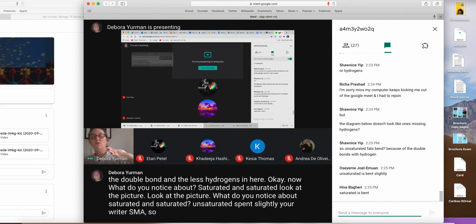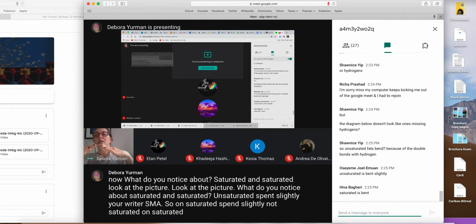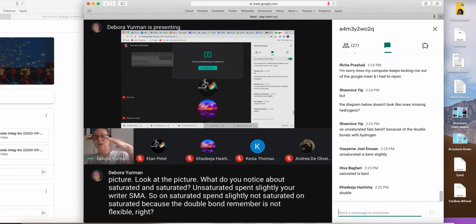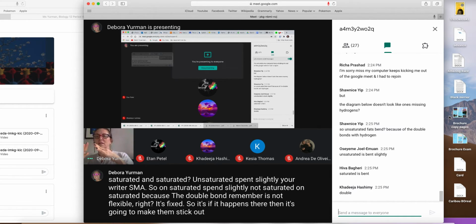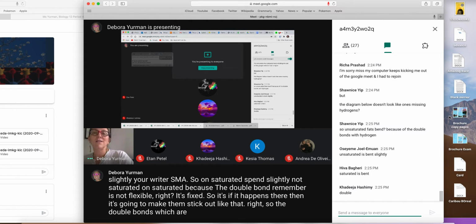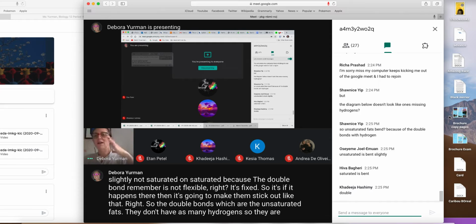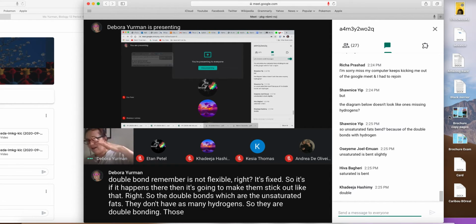So unsaturated is bent slightly, not saturated. Unsaturated because the double bond, remember, is not flexible, right? It's fixed. So if it happens there, then it's going to make them stick out like that, right? So the double bonds, which are the unsaturated fats, don't have as many hydrogens, so they are double bonding. Those have like a kink.